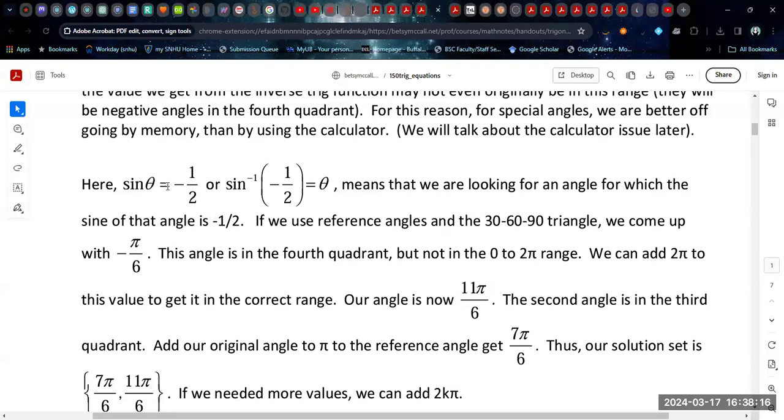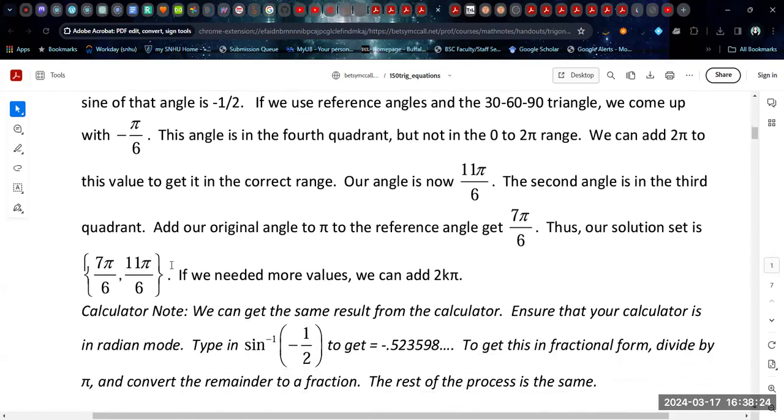So what is the 3rd quadrant angle that has pi/6 as a reference angle? That's going to be 7 pi/6. So in this case, our solution set in the range of 0 to 2 pi is going to be these 2 values, 7 pi/6 and 11 pi/6.